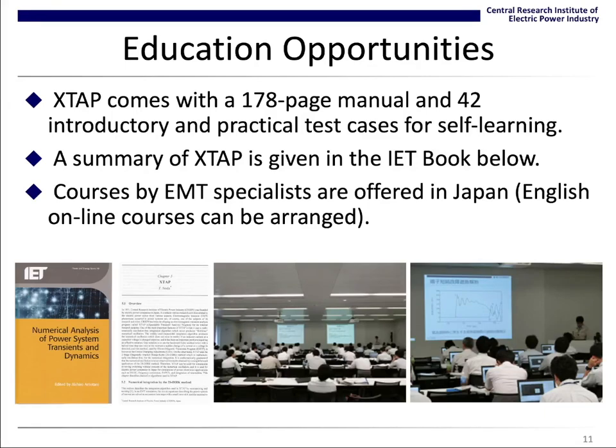XTAP comes with a 178-page manual and 42 introductory and practical test cases for self-learning. A summary of XTAP is given in the IET book shown below. Every year, courses by EMT specialists of our institute are offered in Japan. English online courses can be arranged upon request.